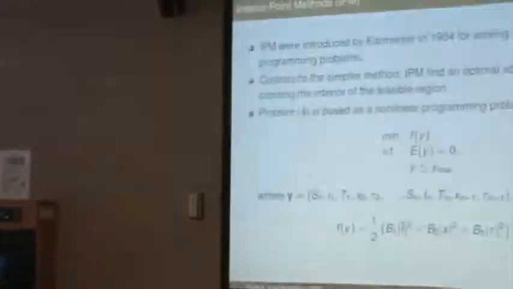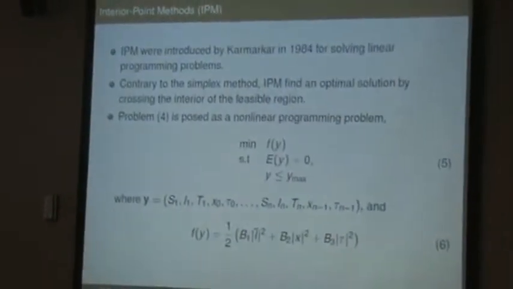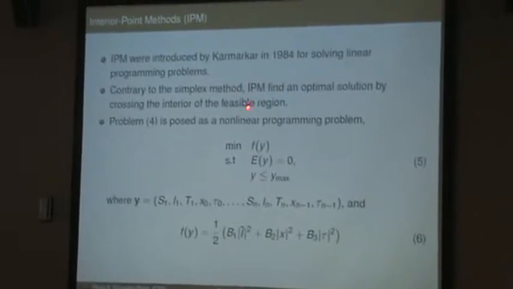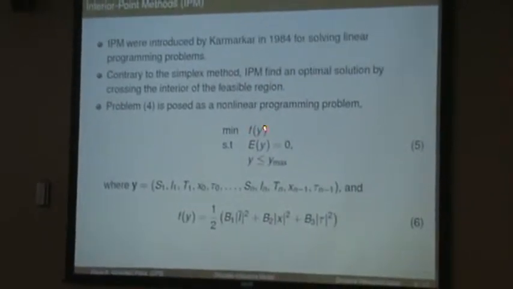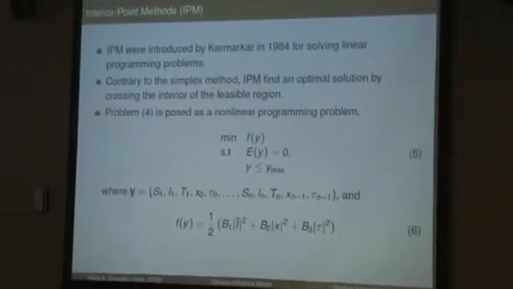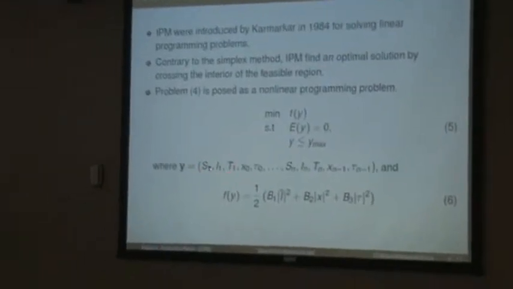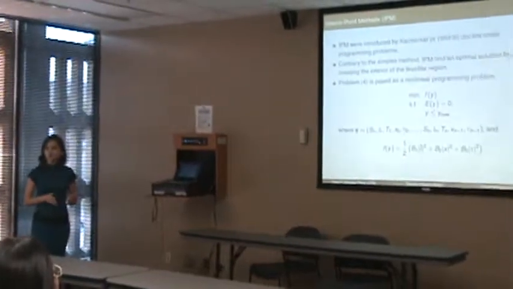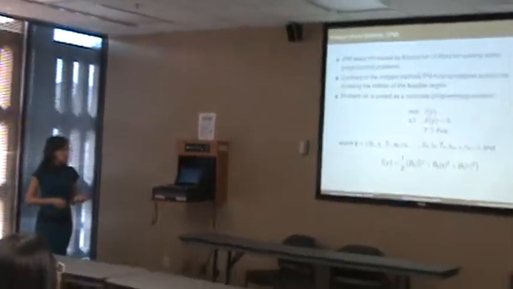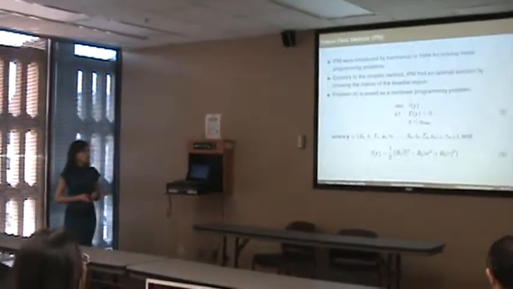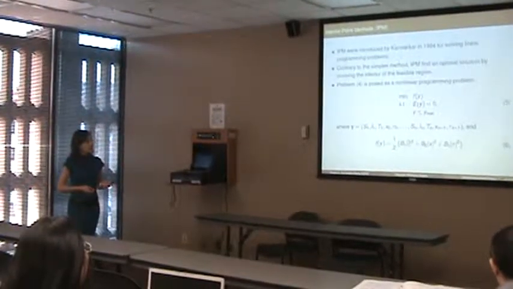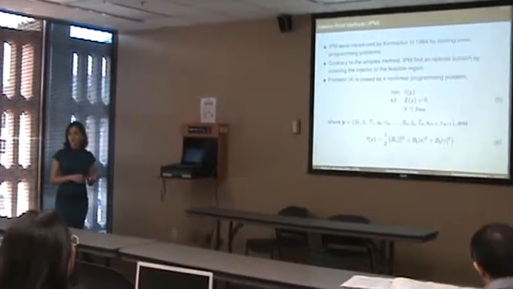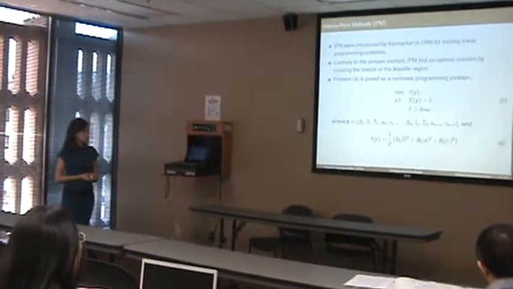To solve the problem, the first idea is that we need to pose our problem as a nonlinear programming problem. So now we have f of y. In this case, in y we put together the state and the control variables. So we now use one variable y, with all of the variables that we had before. The equality constraint is going to be our model. We just rewrite this equation and we have the equality constraint.